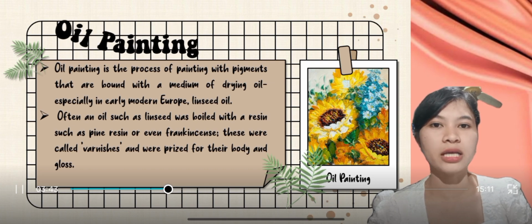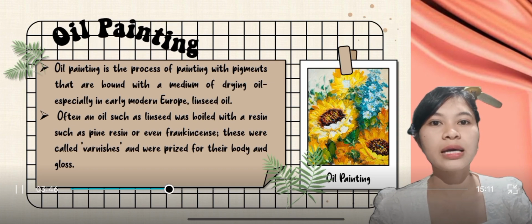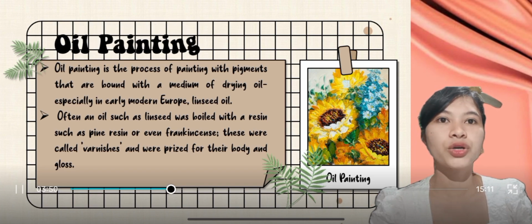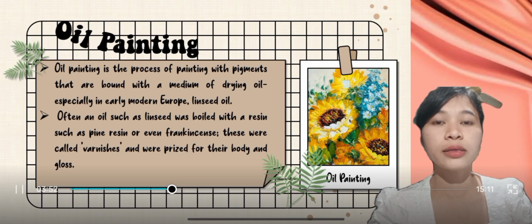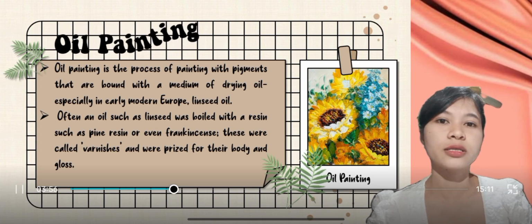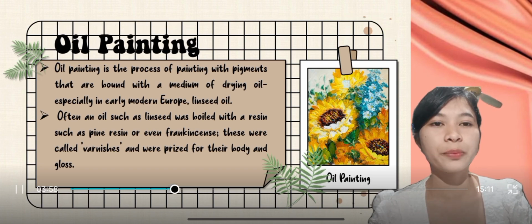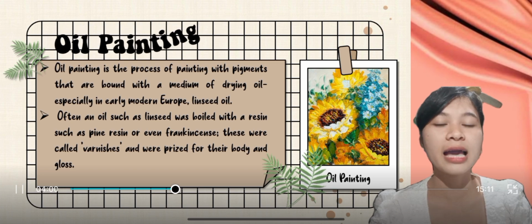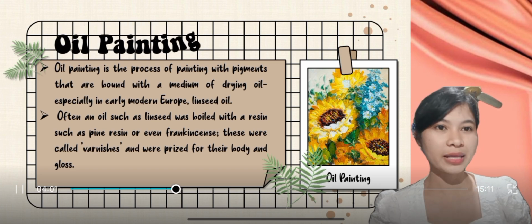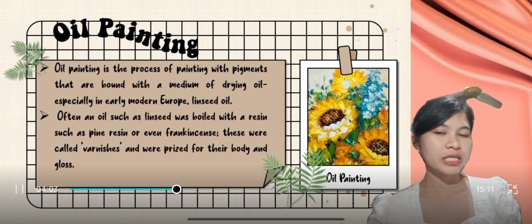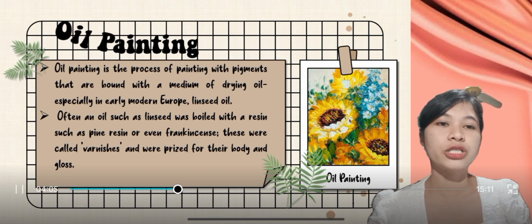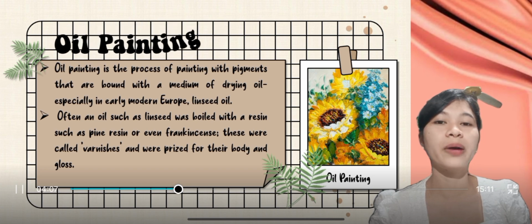So we have the linseed oil para mas maging manipis ang isang paint, and also the linseed oil increases its flow. The difference of oil painting from the other kinds of mediums of painting is that it is very slow in drying. Mabagal itong matuyo, pero maganda din ang resulta ng oil painting. So now let's proceed to the next one.